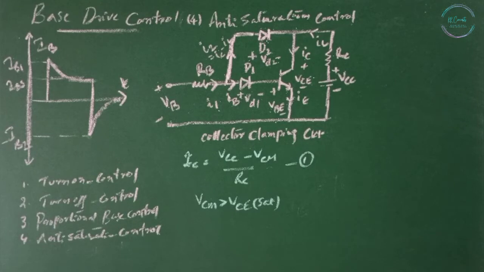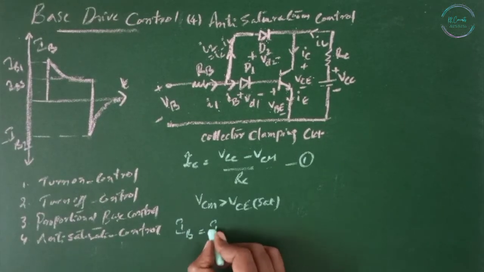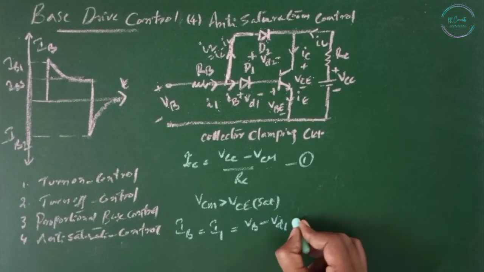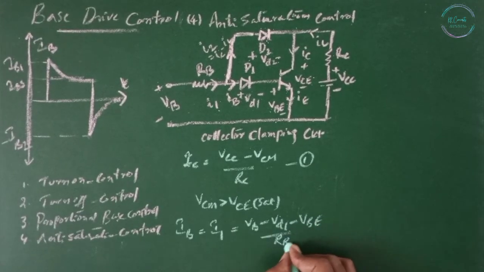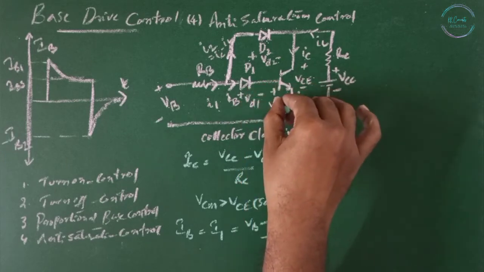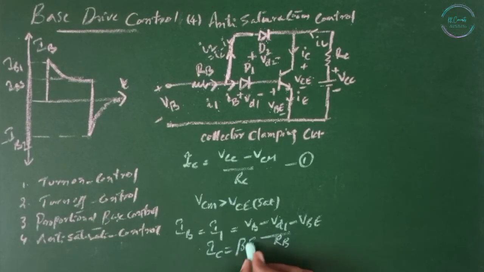Now the base current without clamping, which is adequate to drive the transistor hard, can be found: IB1 equals VB minus VD1 minus VBE divided by RB, if this extra clipping circuit is not there. The corresponding collector current is given by IC equals beta IB.